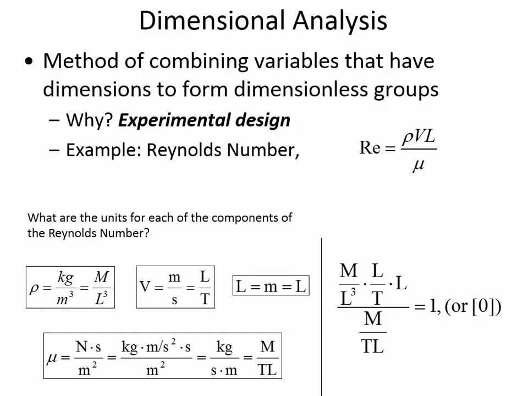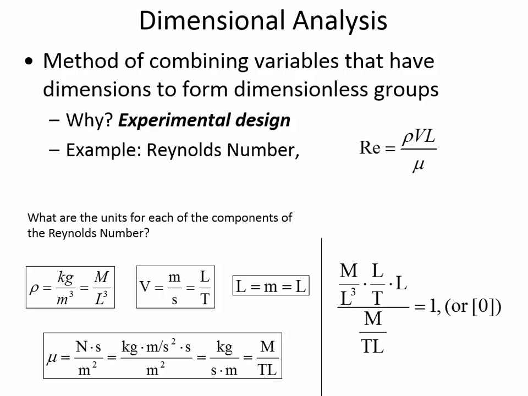But if you get down to it, every variable is just some combination of mass, length, and time. Those are the three master units that everything else is made out of. So length, mass, and time are the base units. If you convert from newtons to kilogram meter per second squared, those units can be expressed in terms of mass, length, and time.